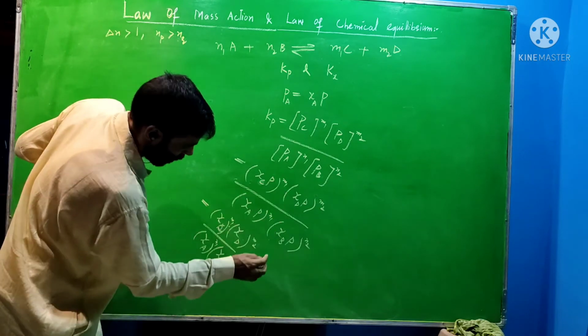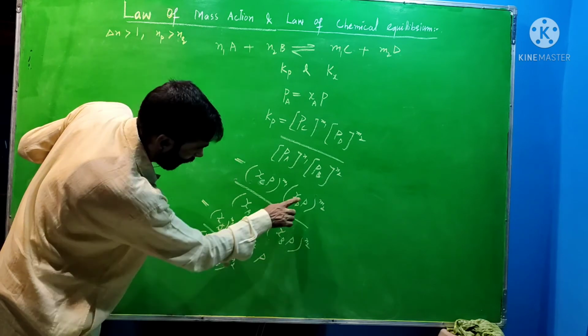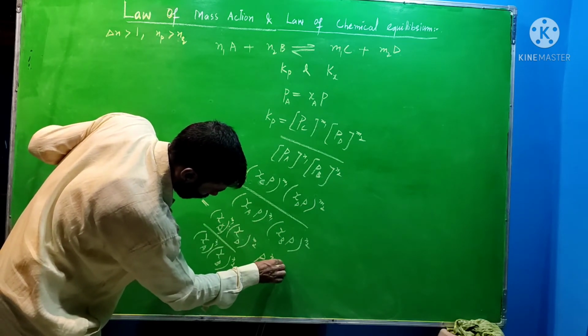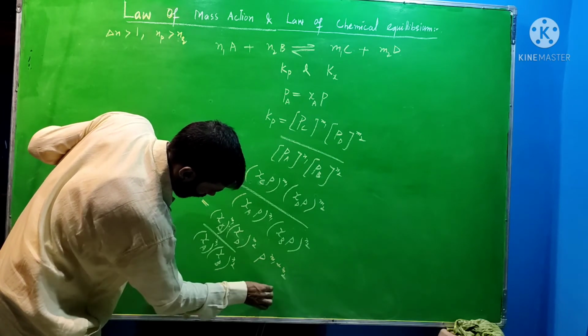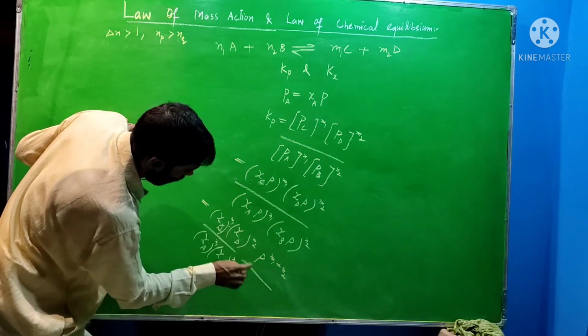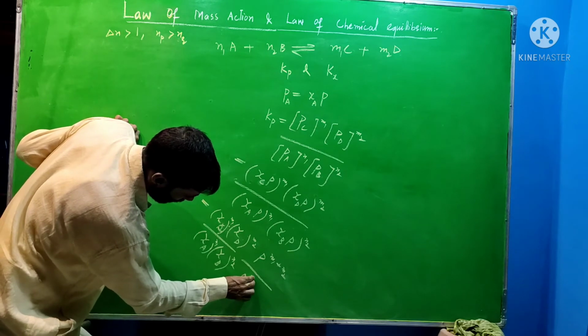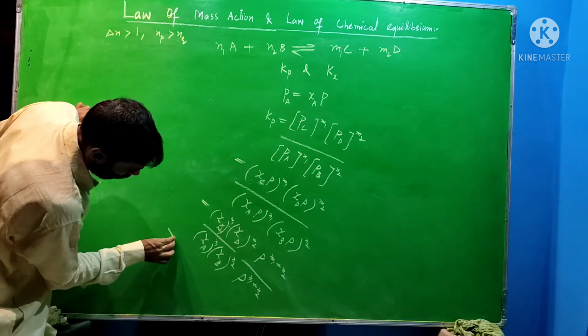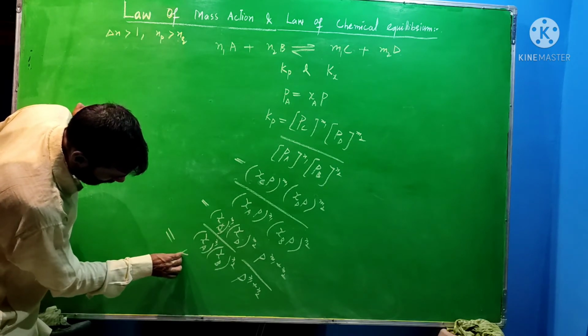Here P raised to m1 and P raised to m2 gives P raised to m1 plus m2. Similarly in the denominator, P raised to n1 plus n2. The mole fraction part we denote by Kx.